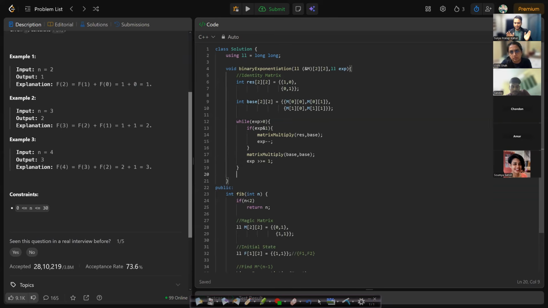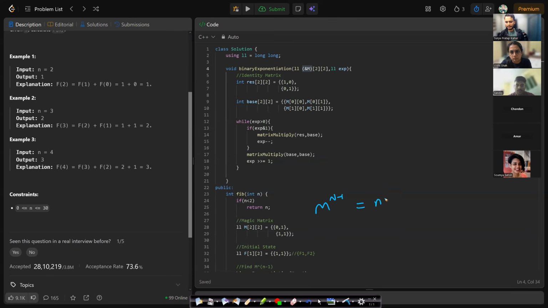And this will give me the final state in result. But you see that I'm using a void function here. If I was not using a void function, then I would be returning the result directly. But I'm using a void function and I want to store the final answer into M. That means what I want to calculate is M to the power of n minus 1.